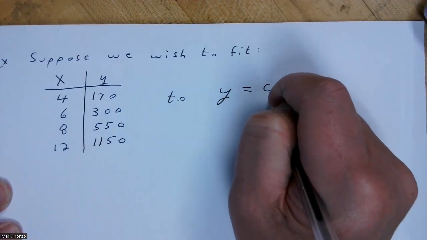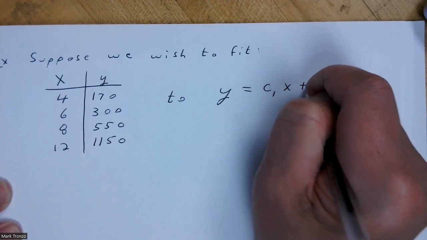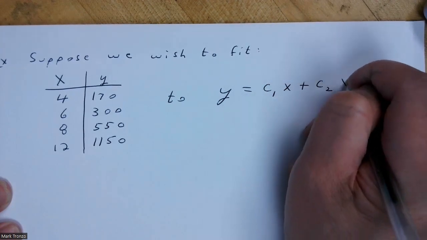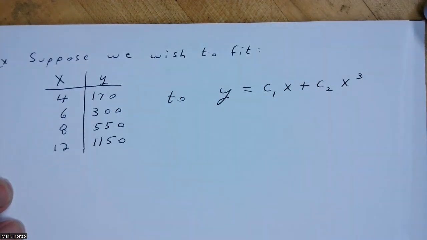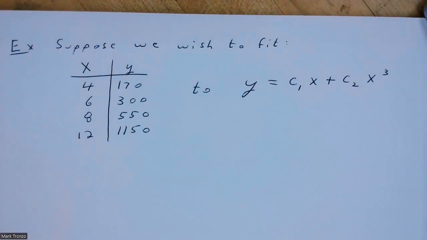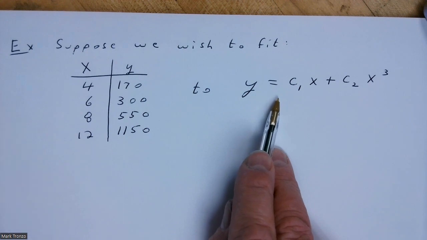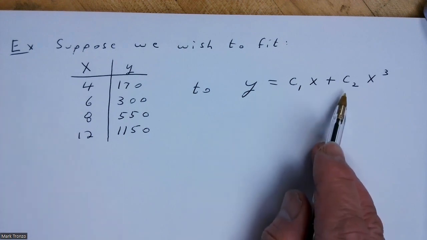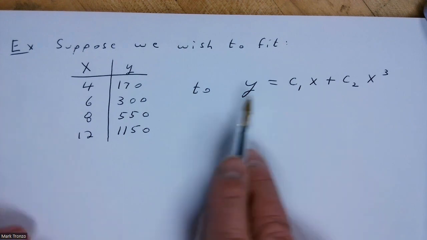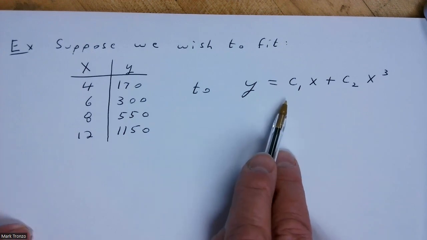Call this C1 X plus C2 X cubed. That's what we'd like to do. We're going to fit it to this. Now, obviously, this is not a linear equation because it has a cube in it. So we want to try to convert this to a linear equation.